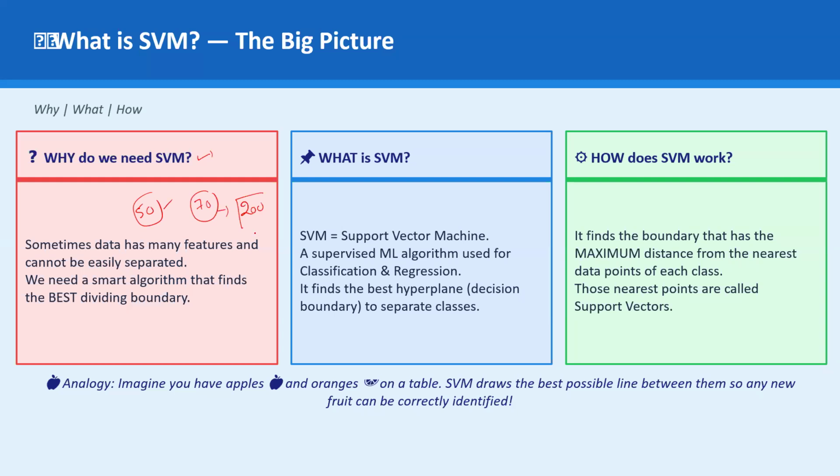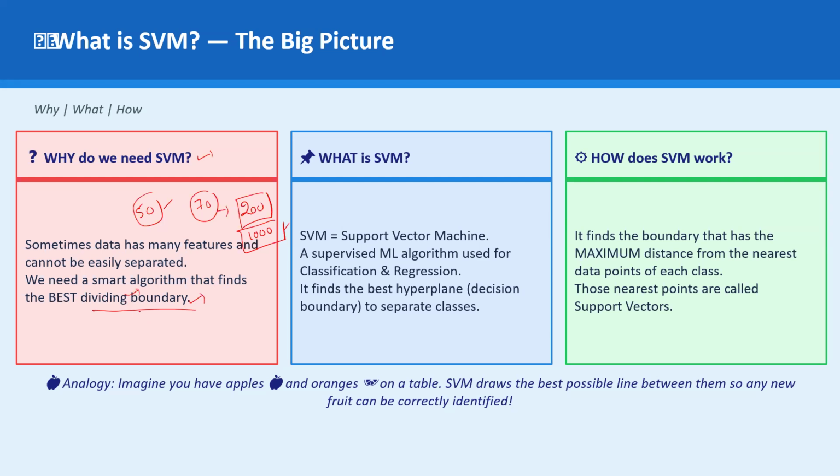If it is 1000, what do you have to do? The complexity increases, right? At that time, traditional algorithms really struggle to make the separation and clear predictions. At that time, this SVM will clearly do the separation by finding the best dividing boundary.